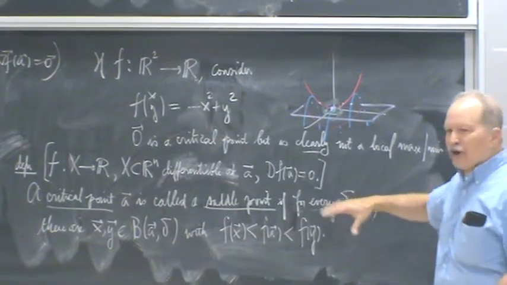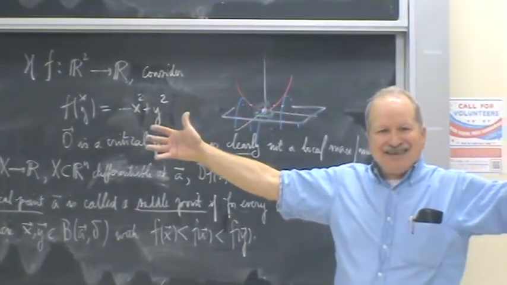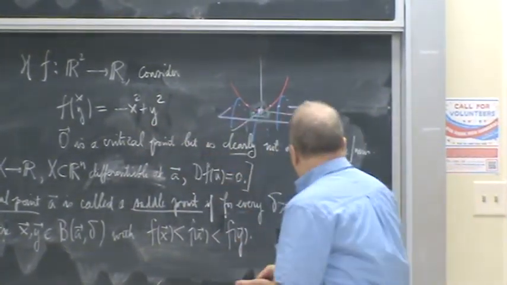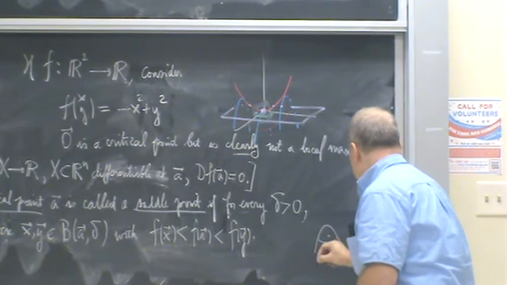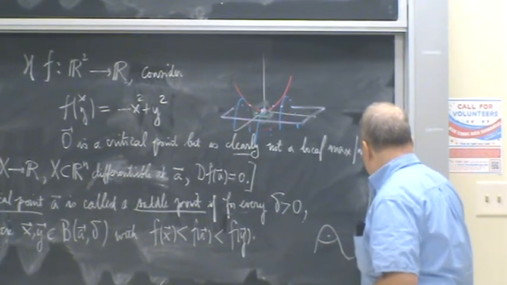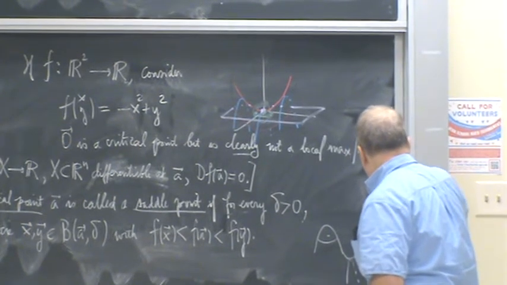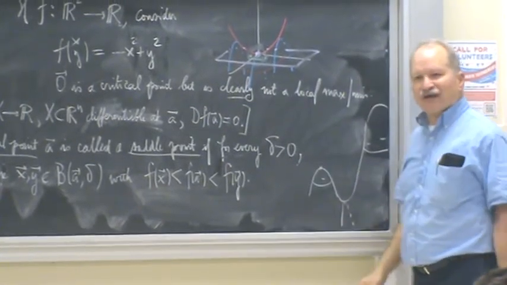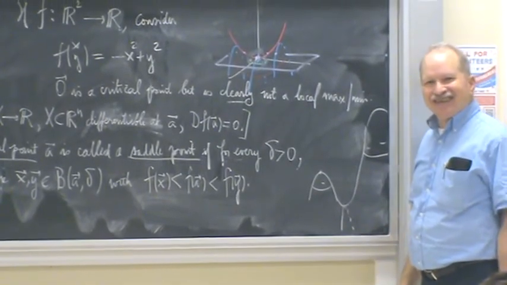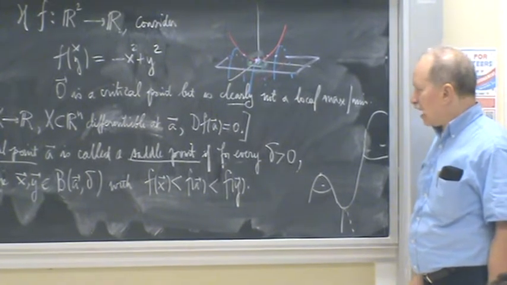If you don't require it for every delta and just allow it to be true for some huge delta, then any function that had a critical point, say here, and then went up and got tall here, you would decide that was a saddle point. Couldn't you say that by that definition any point was a saddle point? Any critical point, you mean?